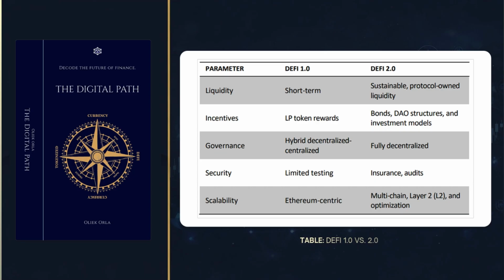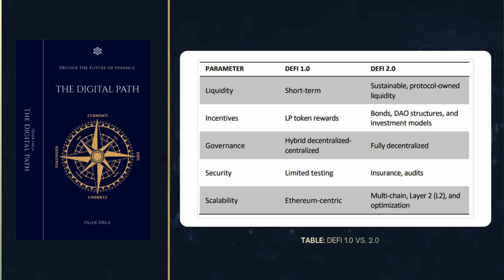Decentralization. New protocols aim to reduce reliance on centralized components, such as single-source oracles and fiat-backed stablecoins. Instead, they adopt more decentralized and resilient data and collateral systems.